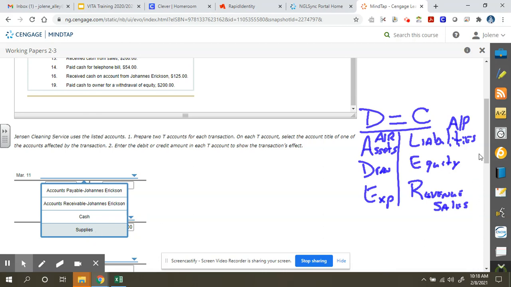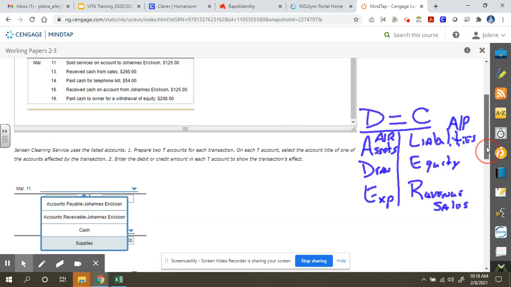Now, right off the bat, I want you to recognize that this says sold services on account. Johan did not pay you, so it cannot be cash. It says nothing about supplies, so it cannot be supplies. So now we're down to, is it accounts payable, Johan, or is it accounts receivable, Johan?